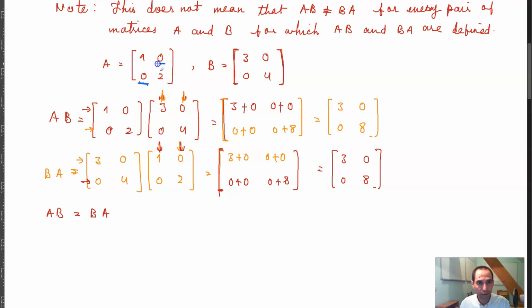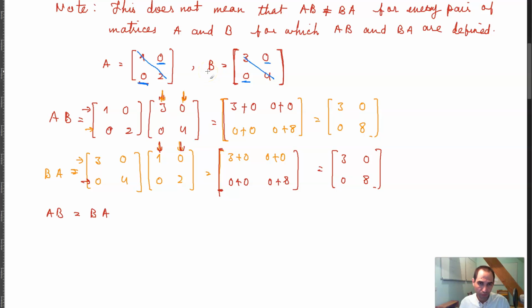This element is 0, this element is 0, and this is the diagonal of the matrix. Again, here these two elements are 0, so both are diagonal matrices. And of course both are square matrices, right?